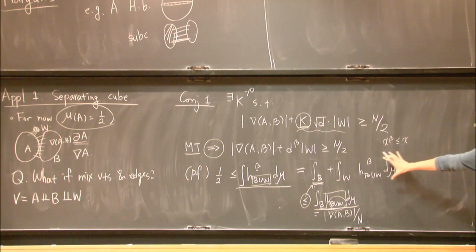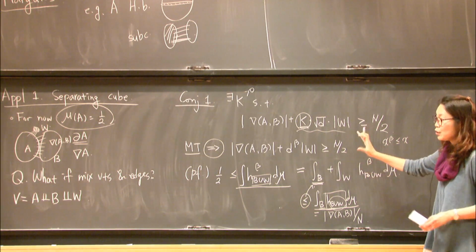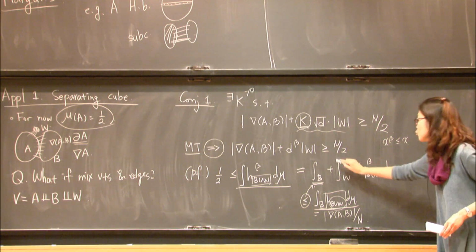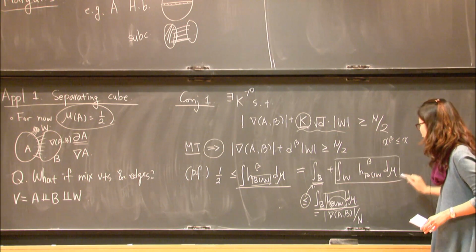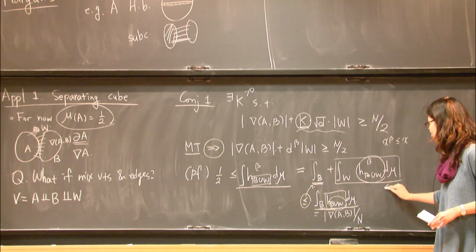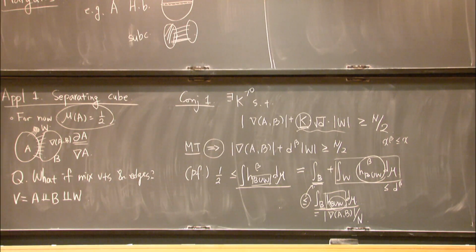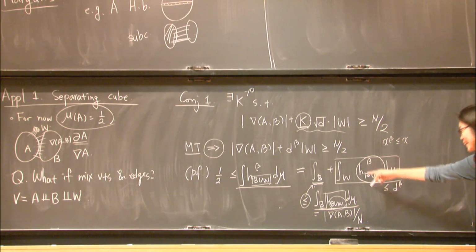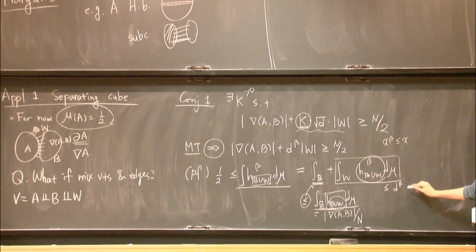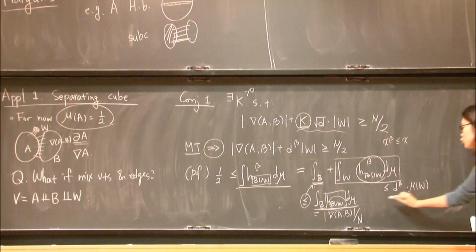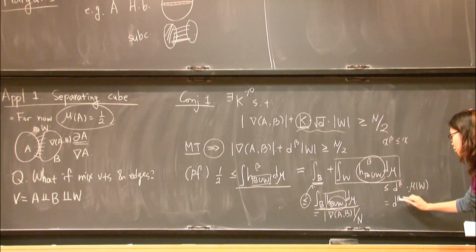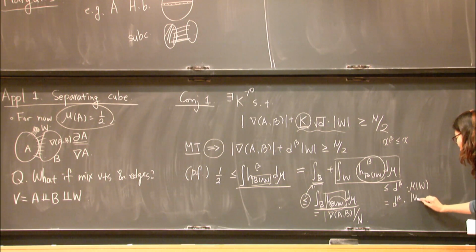And this part will handle the edges between A and W. For this one, we know that this is at most d to the beta, because this is the regular Hamming cube. And so the entire expression is this times mu of W, which is d to the beta times W divided by n. And we are done.